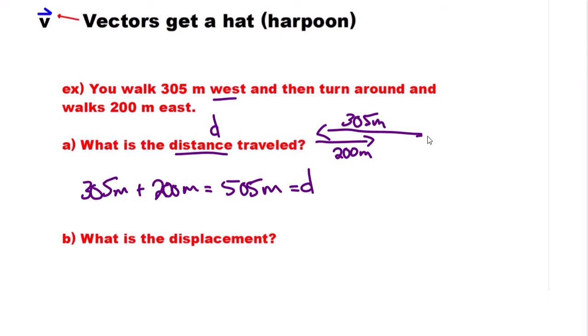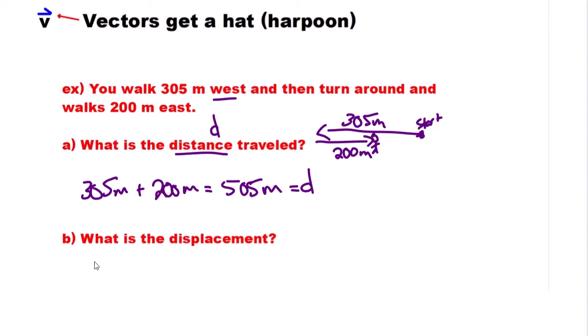So we started up here. We went 305 meters. We went 200 meters back to the east. So we ended up standing right here, and we started over here. So we didn't go a total of 500 meters this way. That would put us out here somewhere. We only ended up 305 meters minus 200 meters back this way. So we only ended up 105 meters away from where we started, and we ended up to the west of where we started.